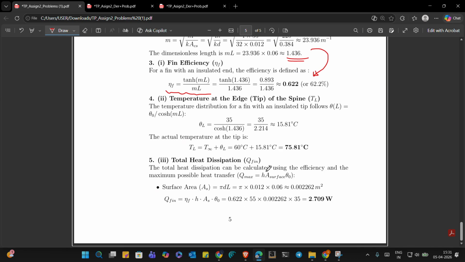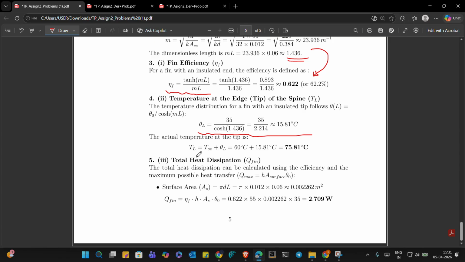If we substitute values as we did in the earlier case at theta L, that means at x equal to L, we get this theta value. This is the standard temperature difference with respect to ambient temperature. We are getting it as 15.81 degrees Celsius. That means our fin tip is 15.81 degrees Celsius hotter than the ambient air temperature.